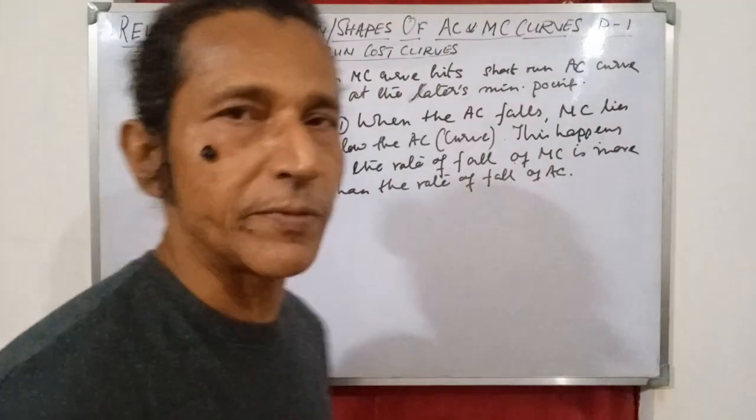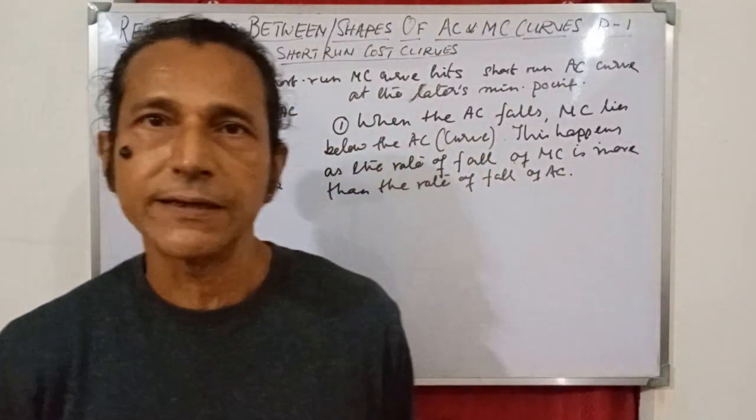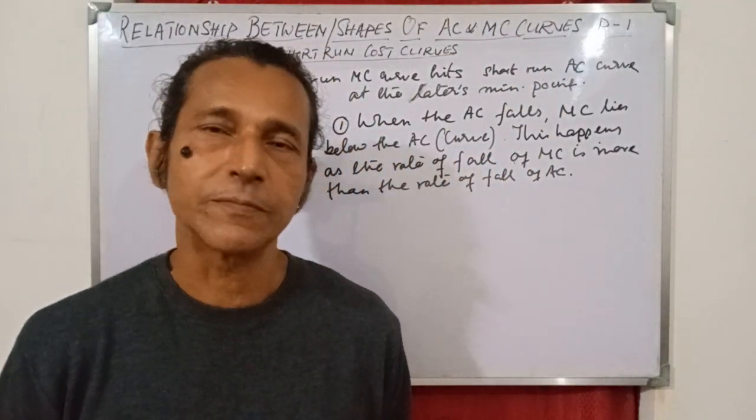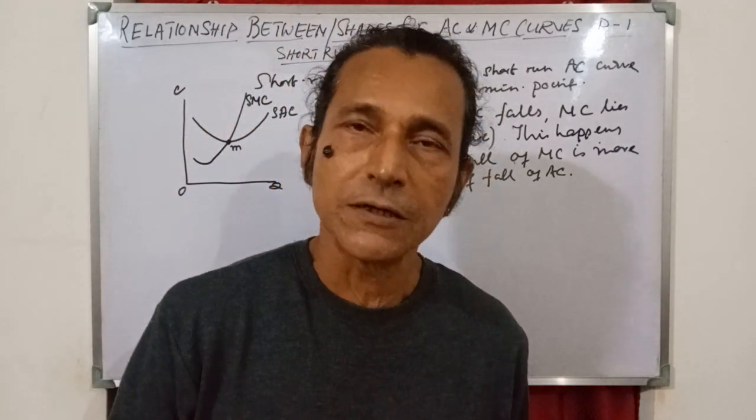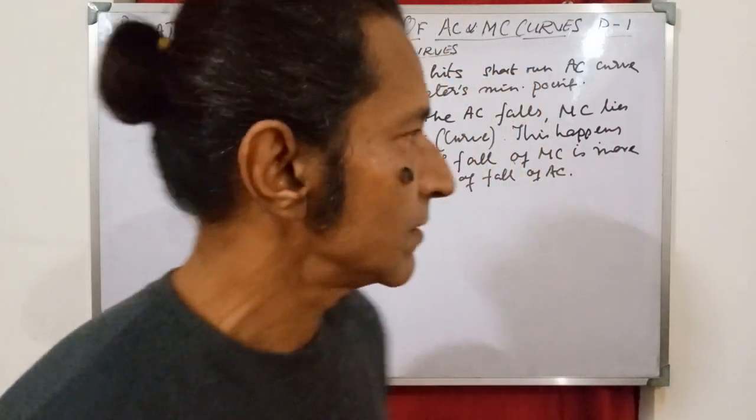The rate of fall of marginal cost is more than the rate of fall of average cost. That's why when average cost falls, the marginal cost curve lies below the average cost curve.